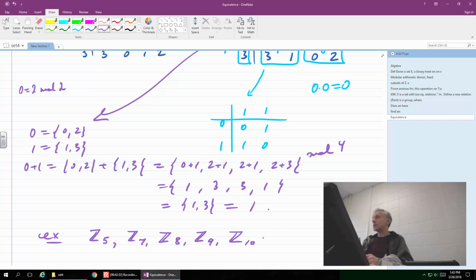What are the factors of 5? 1 and 5. So what does it tell you about the structure of this group in terms of subgroups? The only subgroup is 0. You can say that the group itself is also a subgroup. So there are two trivial subgroups, the 0 and the group itself. So nothing non-trivial then. Z7, same story.